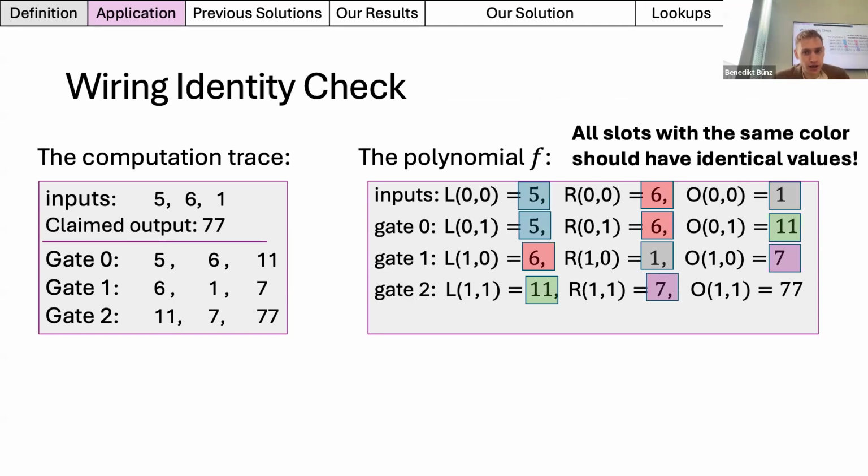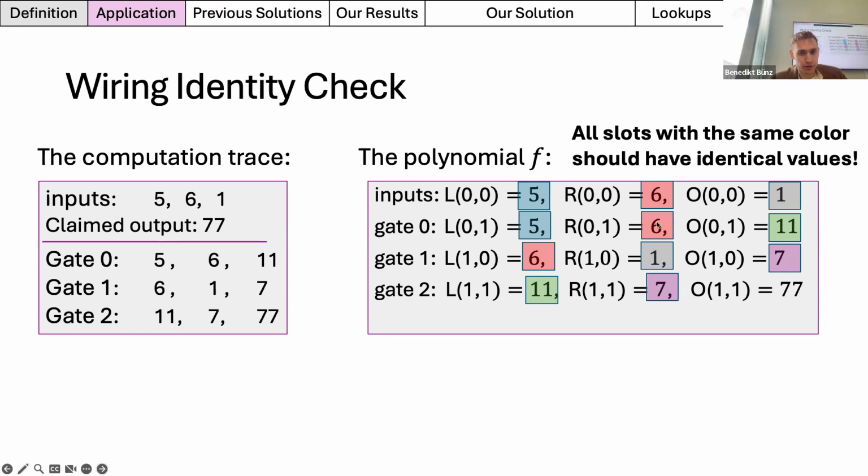And it turns out that I can write this using a permutation check. The way that I write this as a permutation check is that I'm going to look at all the cycles. I look at all of the values that are the same, and that's a cycle.